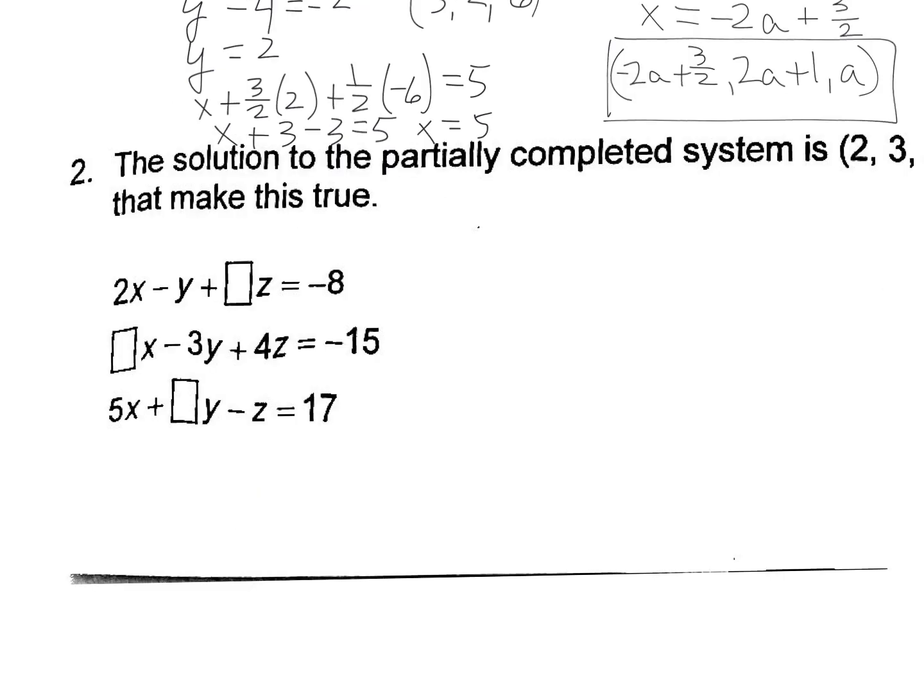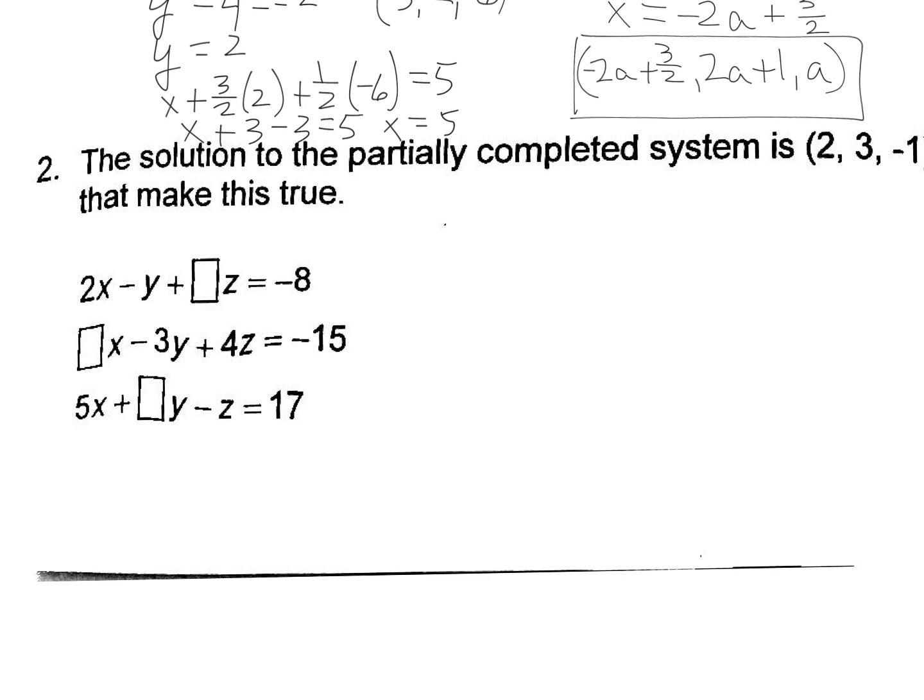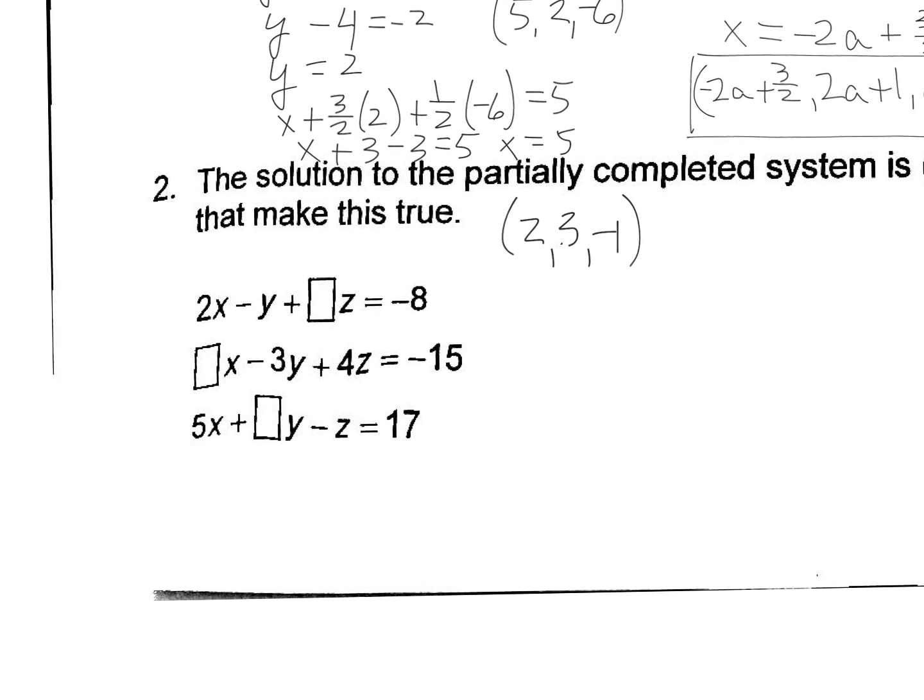Here you're just trying to find values for those boxes that would satisfy the equation. And just to be neat, I'm going to write the solution up here so we know the solution of the system is this. So we're just going to plug those in for x, y, z and then solve for the blank. So I'm going to rewrite it below.